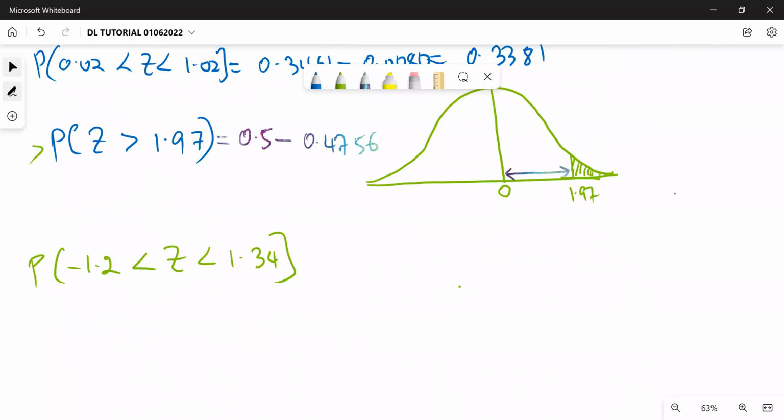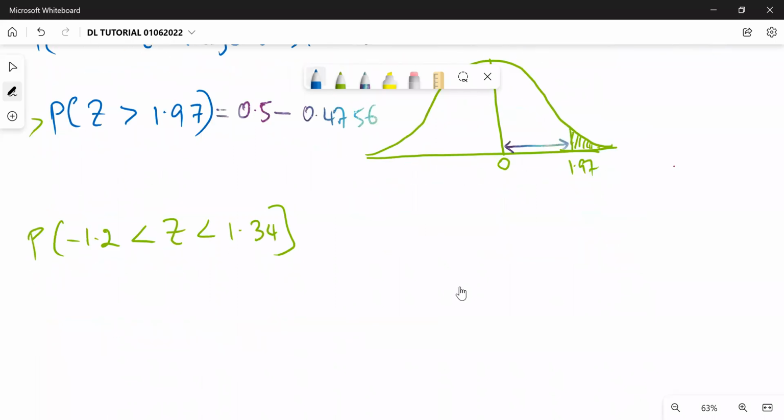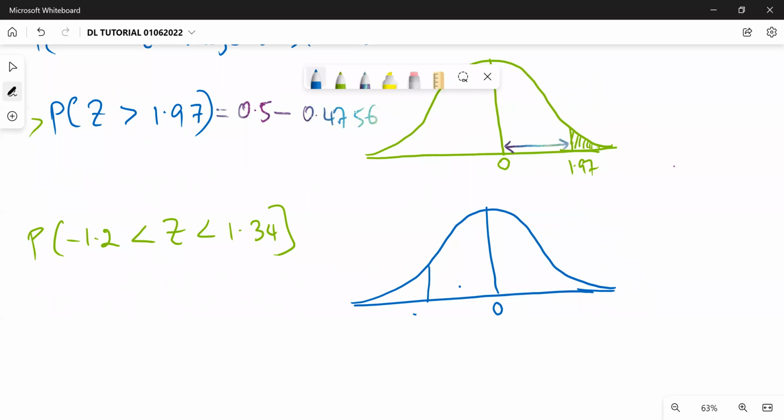So how do you find that area? We do the sketch. Zero will always be at the center. The first value is on the lower side. So this is minus 1.2. And the other value is a positive value, which is 1.34. So we need the area in between there.